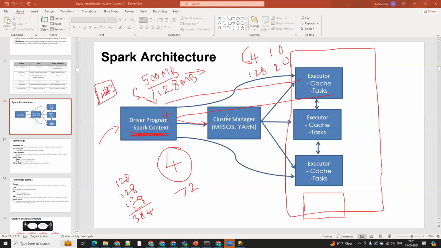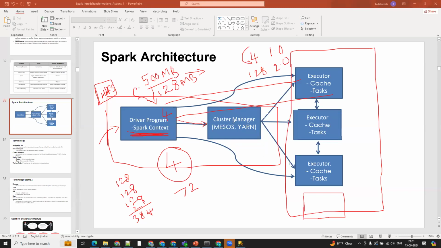Actually, this cluster manager is also part of this master only. That is also one of the sub processes, I can say. Both reside in the master node only. One sub process is talking to another sub process in the same node.